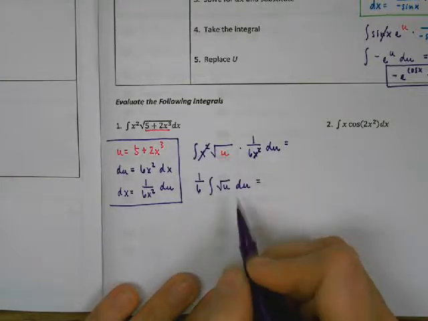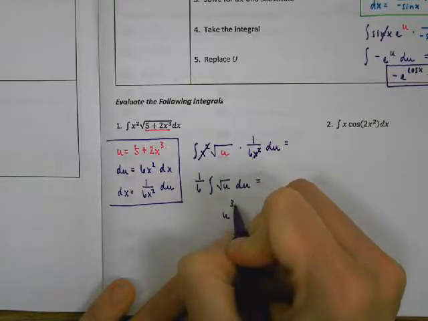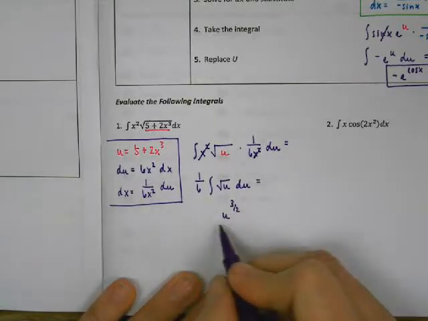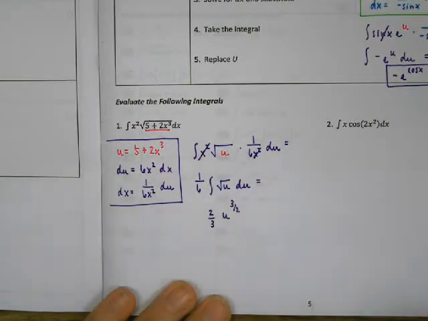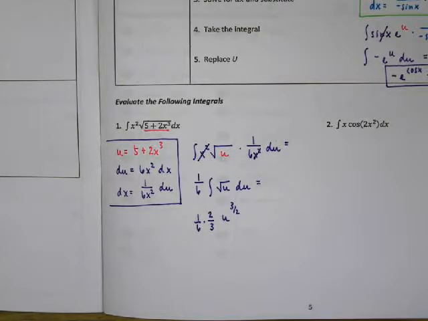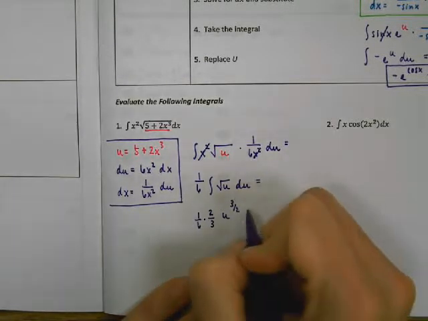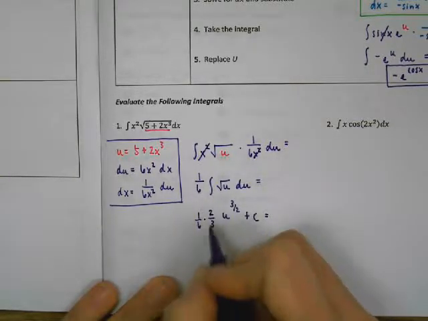So the square root of u is u to the 1/2. If I add 1 to 1/2, I'm going to get u to the 3/2. I'm going to divide by 3/2, which is the same thing as multiplying by 2/3. And then I have to remember I have that 1/6 out front. So that's my antiderivative. I'm going to do a little simplification.